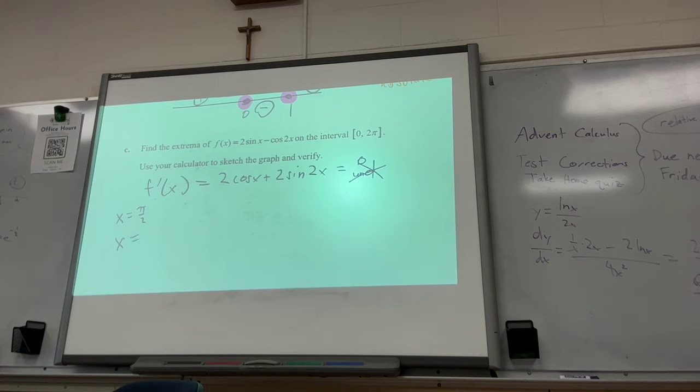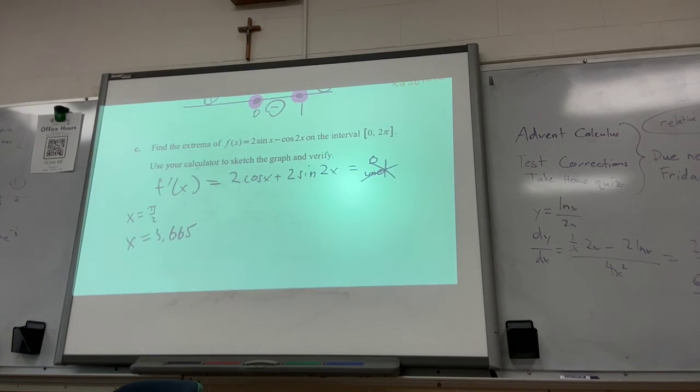Then 3.665 is a critical point, 4.712, and x equals 5.76. Those are our critical points.